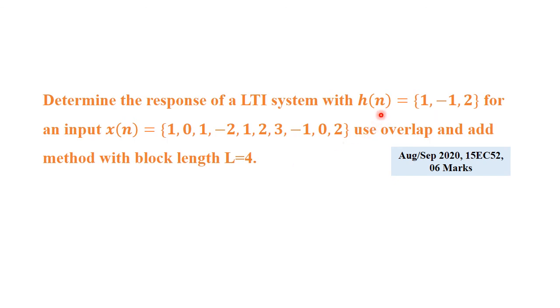That's the only criteria you need to satisfy. Beyond that, this length can be anything. So here the length of the h of n is 3 and they have given the smaller sequence length L is equal to 4. Criteria satisfied, so we can have it. Right? So this was asked for 6 marks.